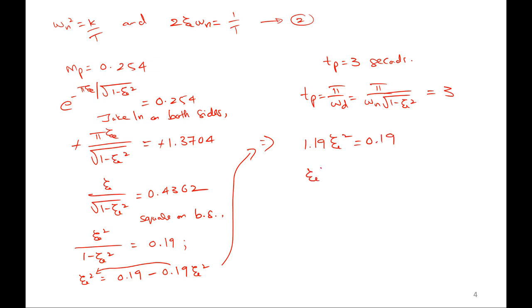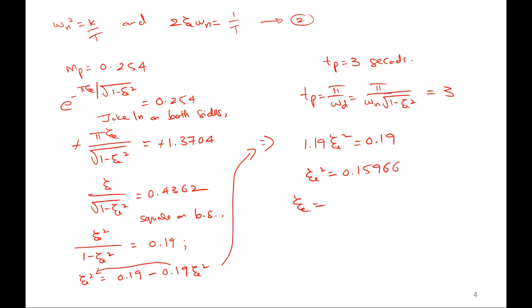Next, z square equals 0.19 divided by 1.19. I am getting it as 0.159666. So z is equal to root of this.